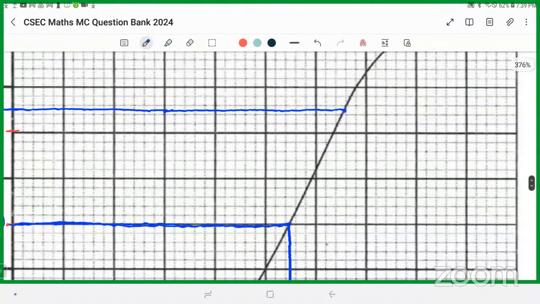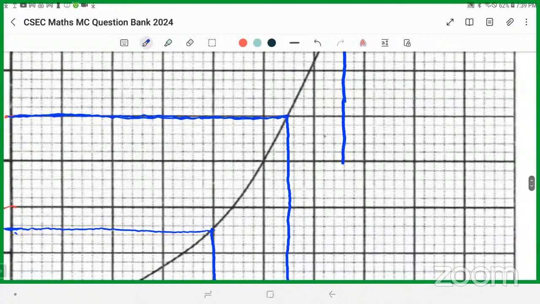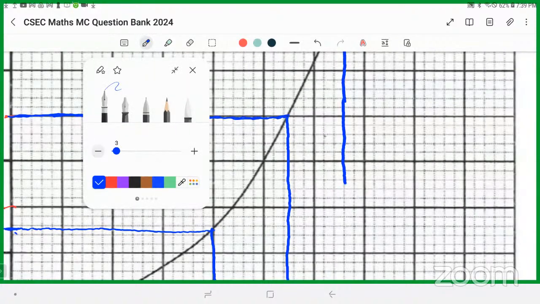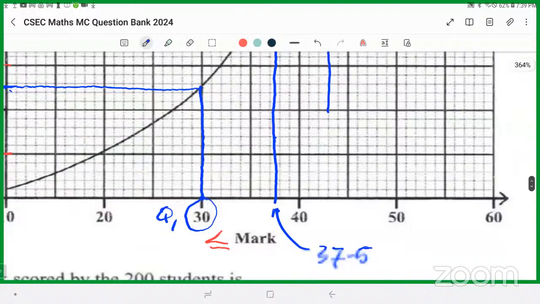I would say it's right here on this line. You read it all the way down here until you reach the horizontal axis. That's 40, 41, 42, 43. So this I would say is 43. And that is my Q3.